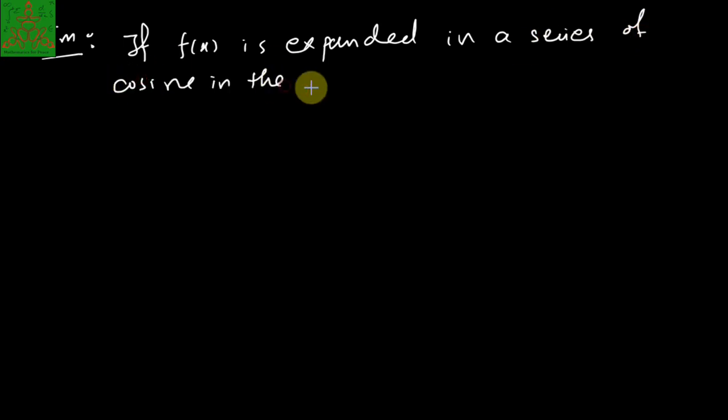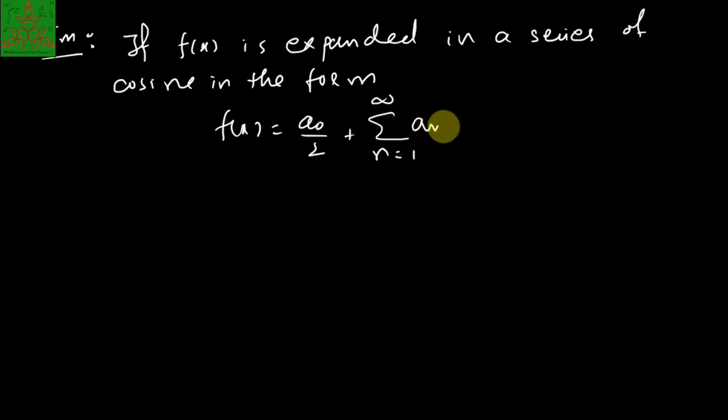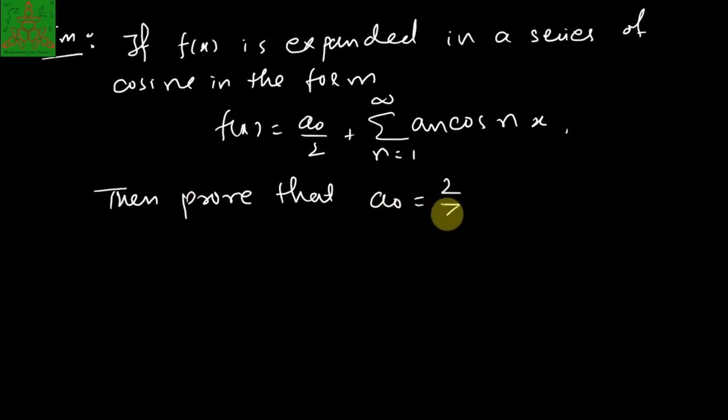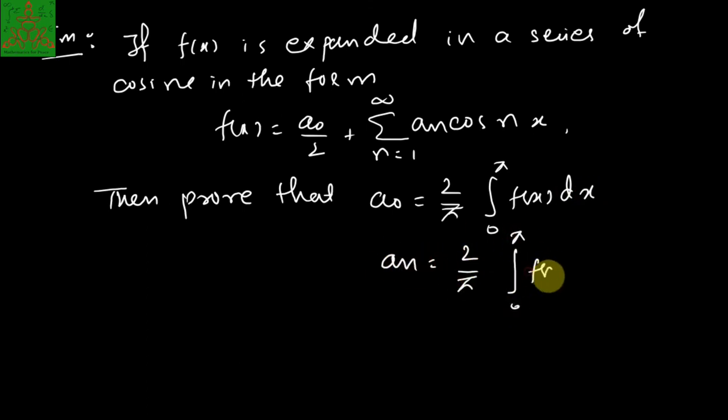Let us state the statement: if f of x is expanded in a series of cosines in the form f of x is equal to a0 by 2 plus summation n running from 1 to infinity a n cos nx, then prove that a0 is 2 by pi integral 0 to pi f of x dx and a n will be 2 by pi integral 0 to pi f of x cos nx dx.